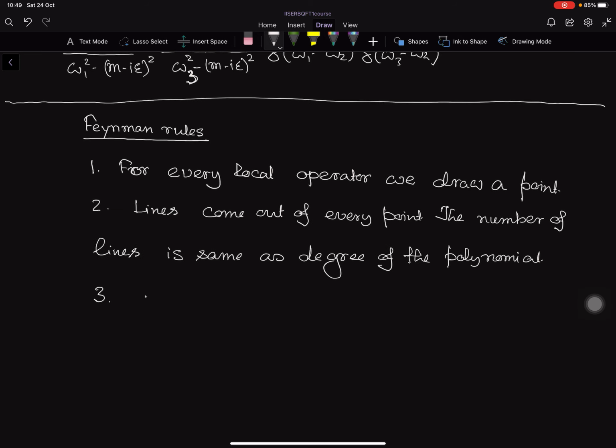Third is that we have to connect the lines in all possible ways.